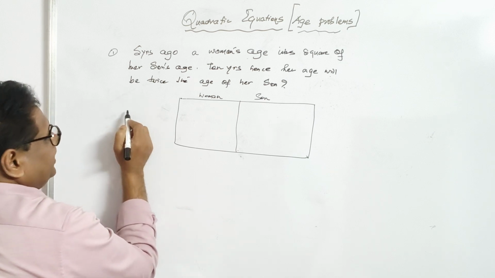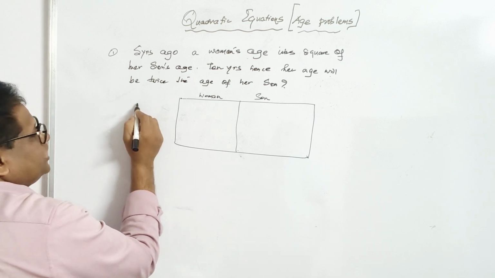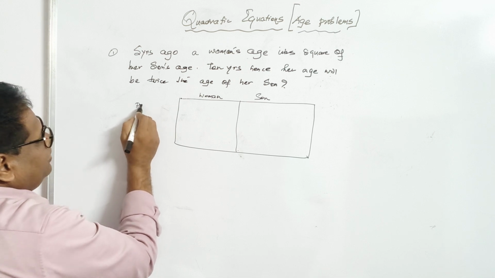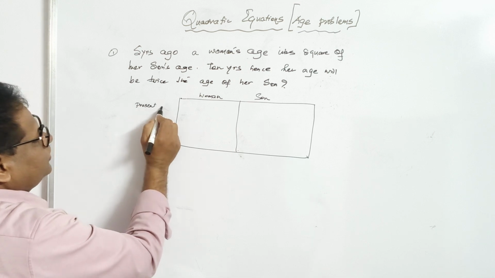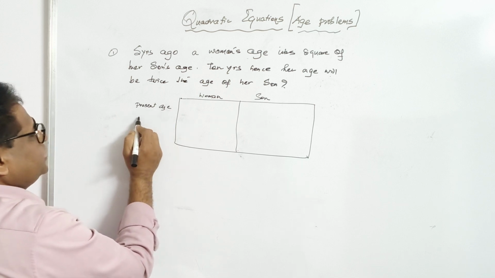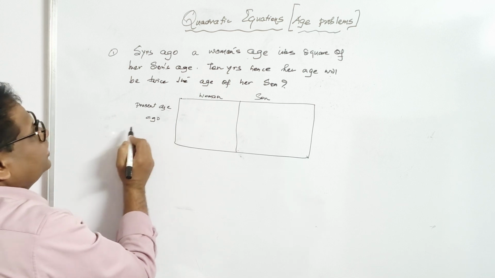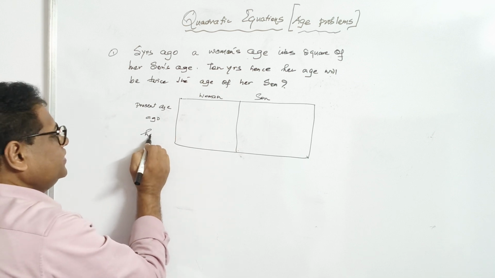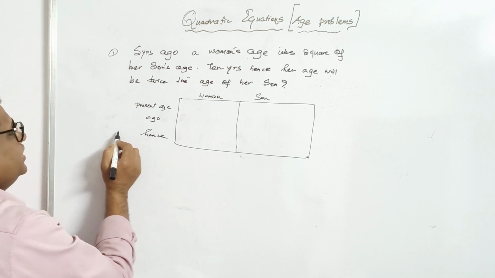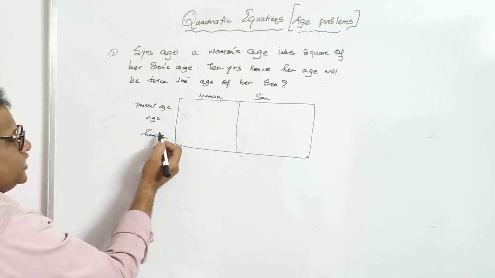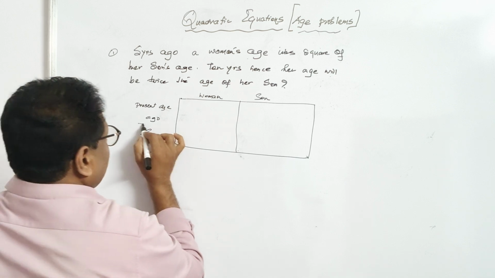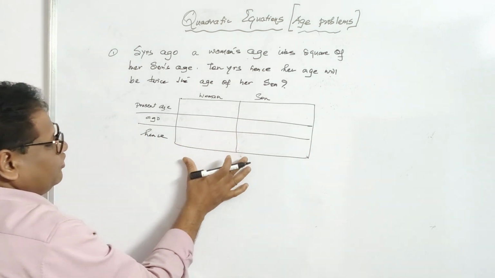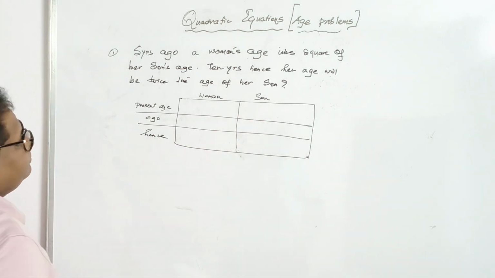On the left, suppose this is the present age. This is ago, suppose 5 years ago, 10 years ago, like that. And this is hence, that means 5 years hence, 10 years hence, like that. Now in this you are going to frame the terms and then you have to frame an equation.